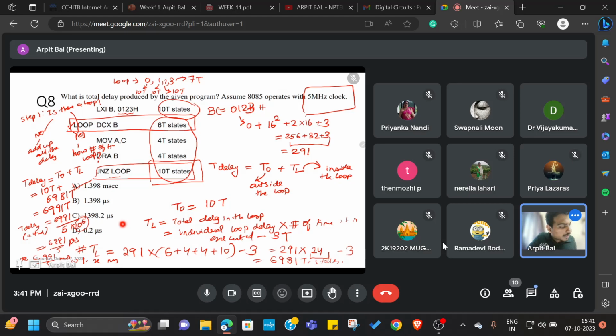In this calculation we have assumed 10T for each and every case, so to take care of that particular condition, we have subtracted 3, to take care of the last state.